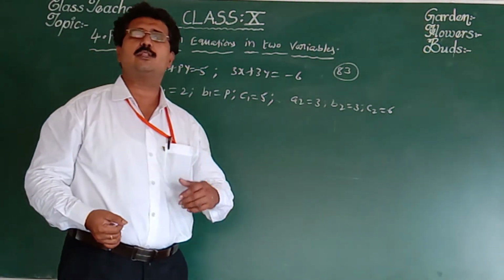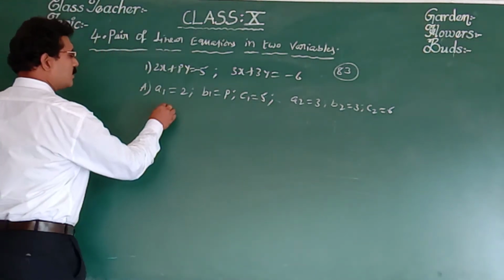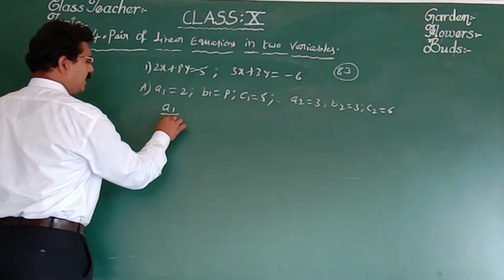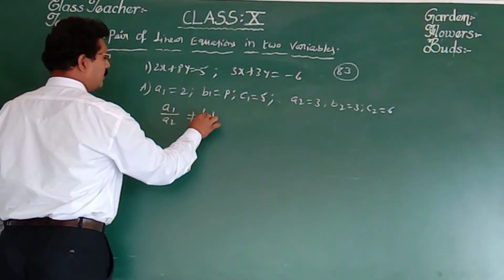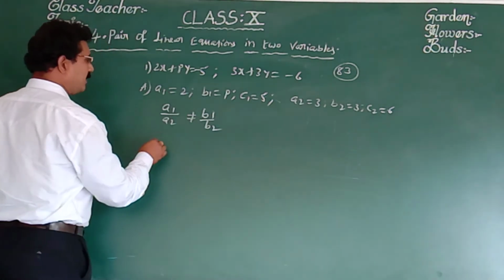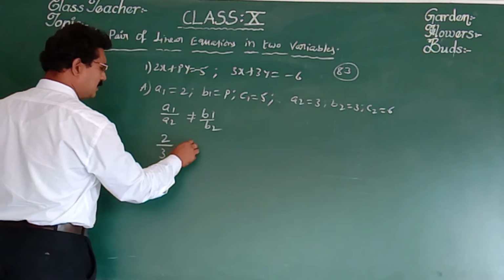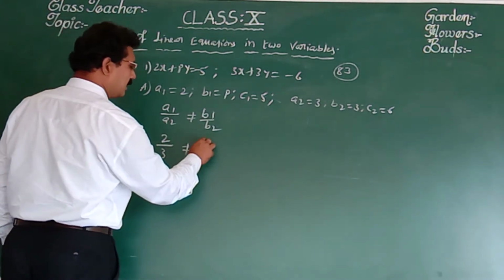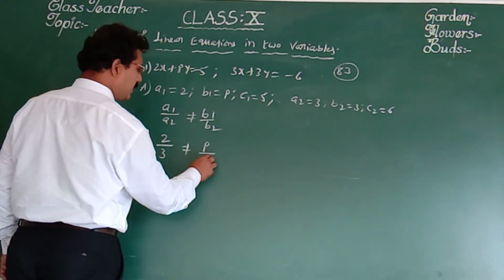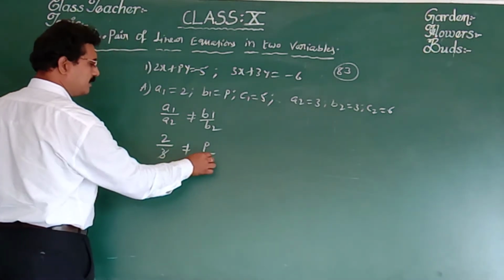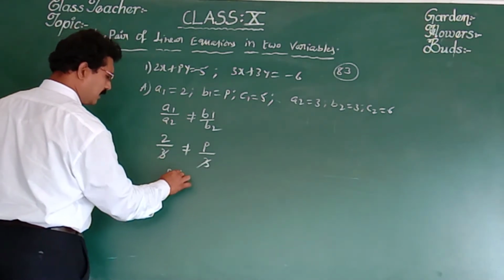What is the condition for intersecting lines? A1 by A2 is not equal to B1 by B2. So 2 by 3 is not equal to p by 3. Both sides 3 gets cancelled, so p is not equal to 2.